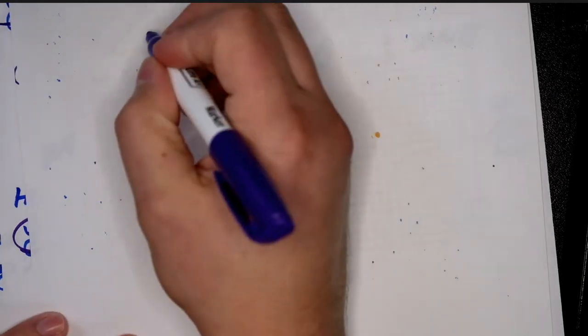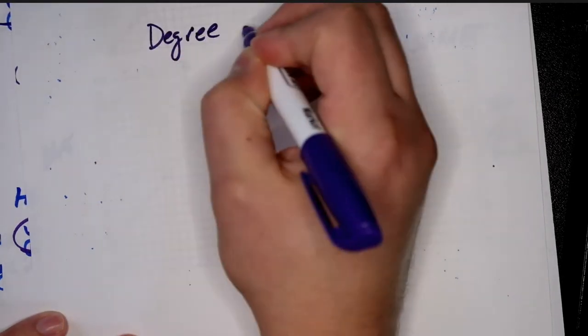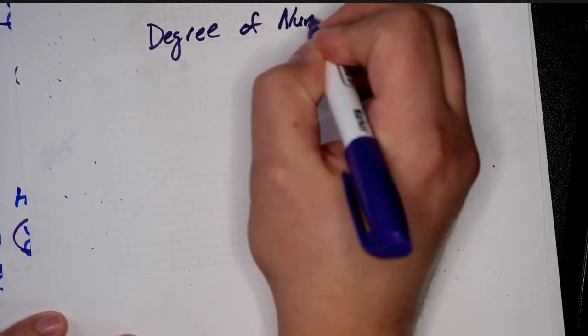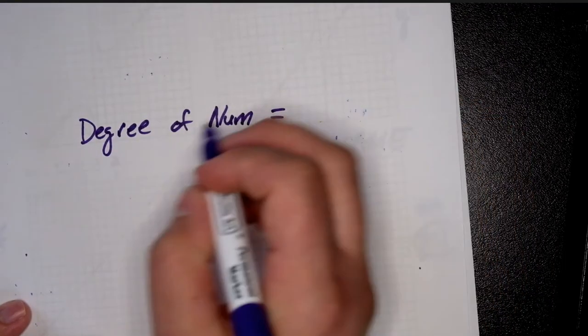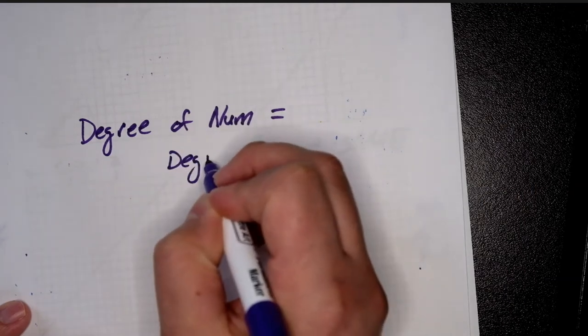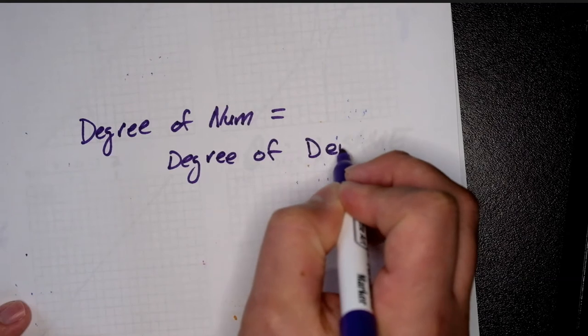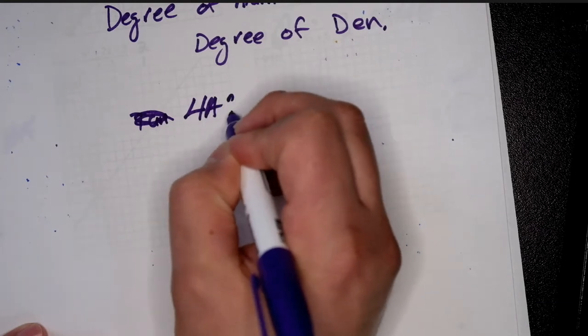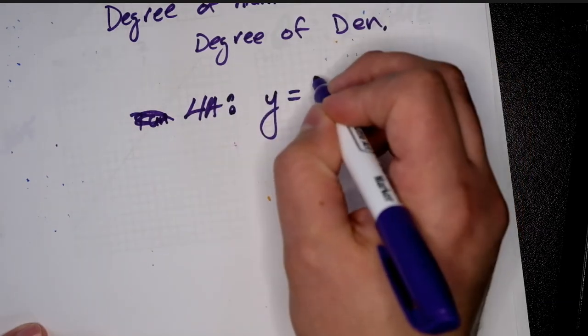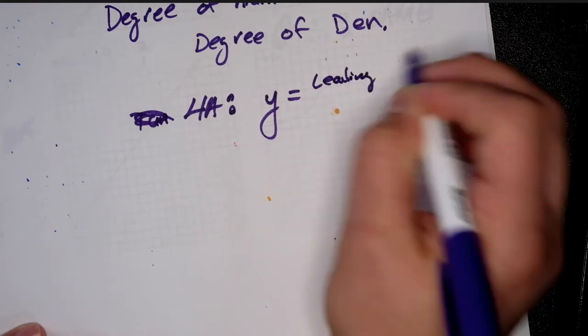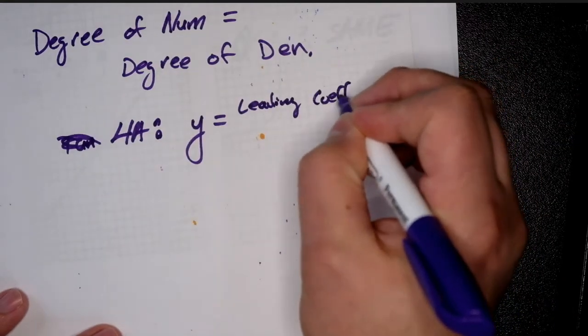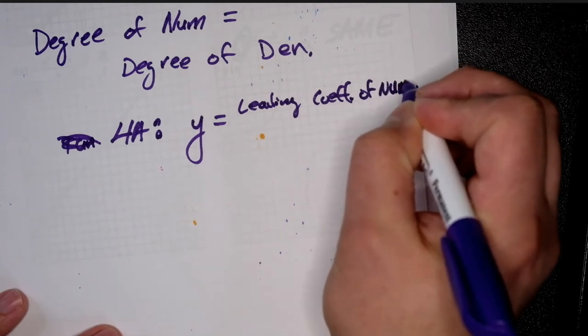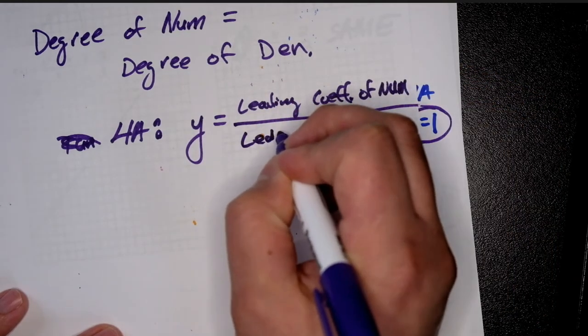So I'm going to come back and say, all right, still talking about rational functions and the horizontal asymptotes. When the degree of the numerator is equal to the degree of the denominator, then we'll say the horizontal asymptote is at y equals the leading coefficient of the numerator over the leading coefficient of the denominator.